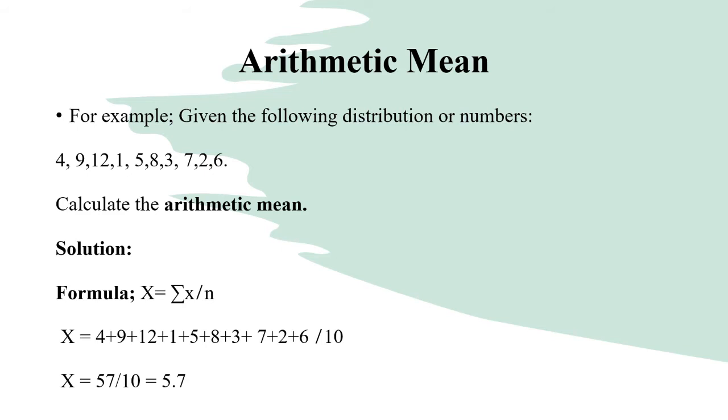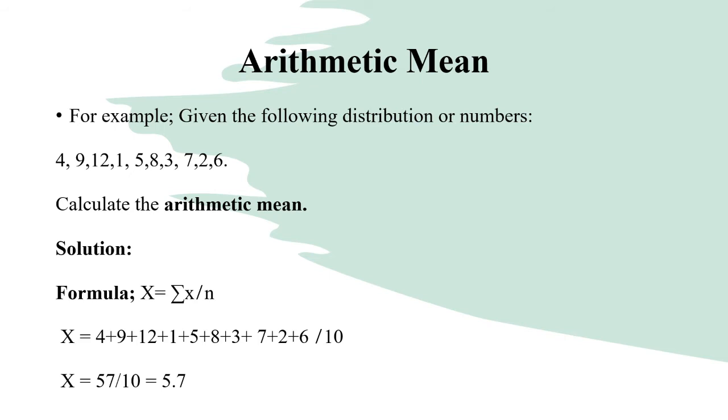So our mean equals the sum, which is 57, of the distribution divided by the number of items in the distribution, which is 10, and our final answer is 5.7.